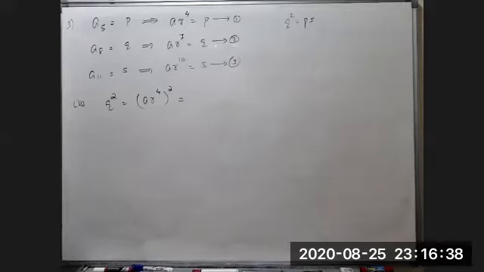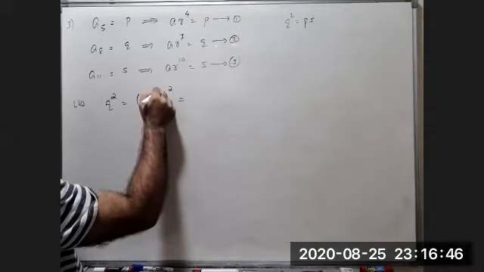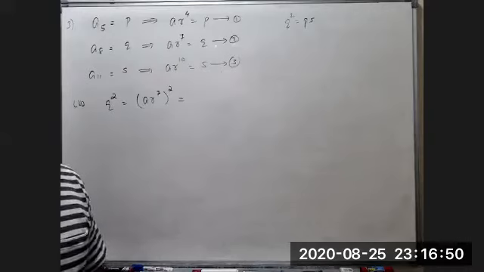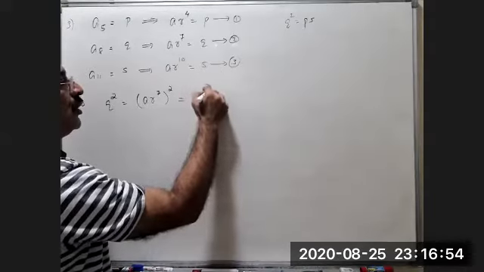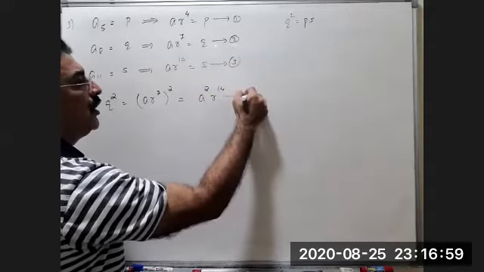Q is A r raised to 7. Q, A r raised to 7 the whole square. This is A square r raised to 14. Equation number 4.